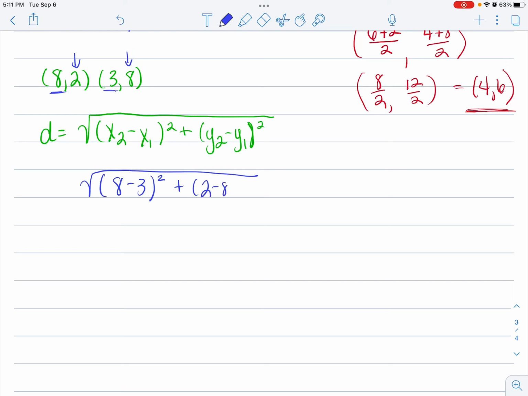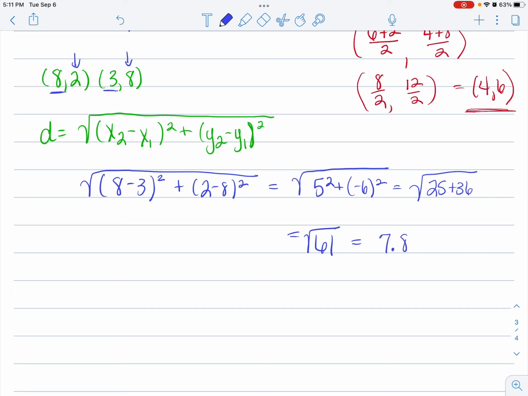So 2 minus 8 squared. If you're going to choose to use your calculator, make sure you know what you're doing. You get 5 squared plus -6 squared, which is 25 plus 36, which is the square root of 61. But they specifically asked me to find this to the nearest tenth. So to the nearest tenth, it's approximately 7.8.